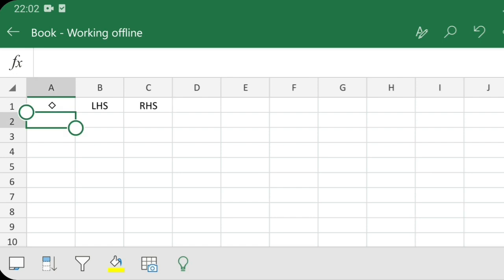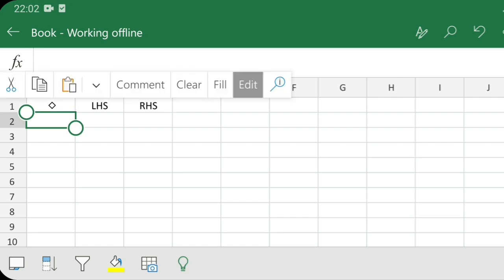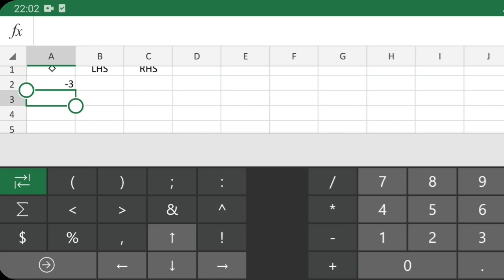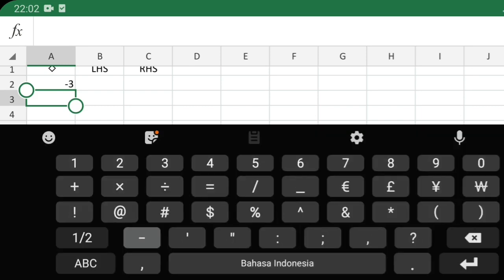So here I must fill in numbers. I edit first and put whatever numbers make it easier to find the value. I start with minus 3 and then minus 2.